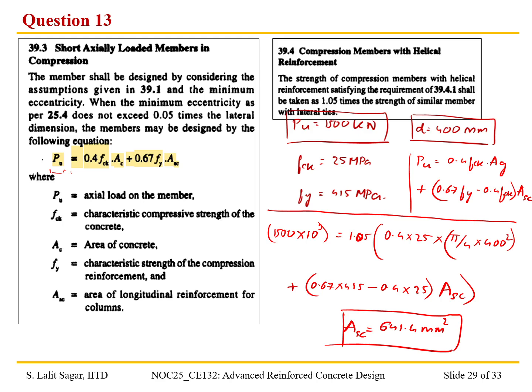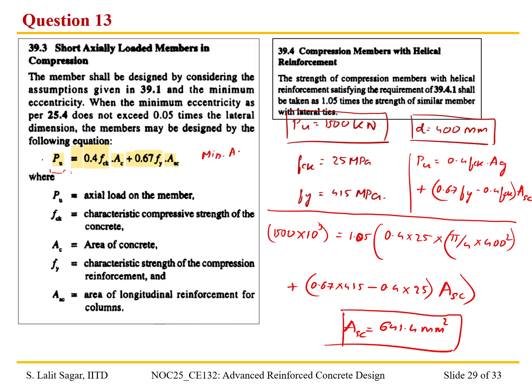Okay, but now let us try to compare how this area of longitudinal steel compares with the minimum area of reinforcing steel that needs to be provided. For a column, we need to provide a minimum of 0.8% of the cross-sectional area.